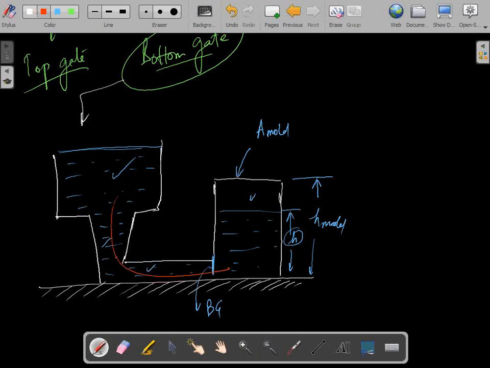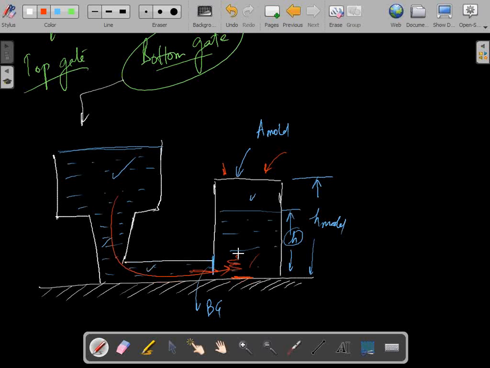Second, it reduces splashing and erosion of the cavity walls. When your metal falls from the top, it will hit the bottom. When it hits the bottom, it erodes some part of the mold cavity wall, and also there'll be some splashes, which will create more trouble. In this, there is no such problem, as it enters at the bottom and slowly starts filling up the mold cavity.